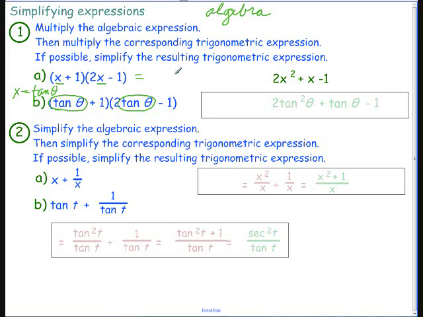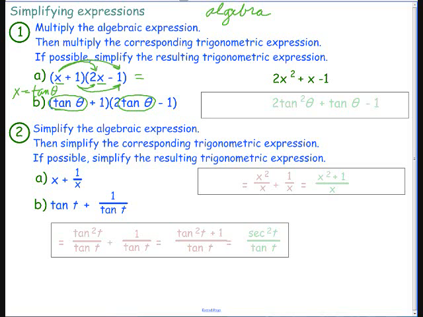When you multiply this out, remember doing, what do we call it? FOIL, the first, then the outside, then the inside, and then the last. And when we simplify it all, this is what we get.